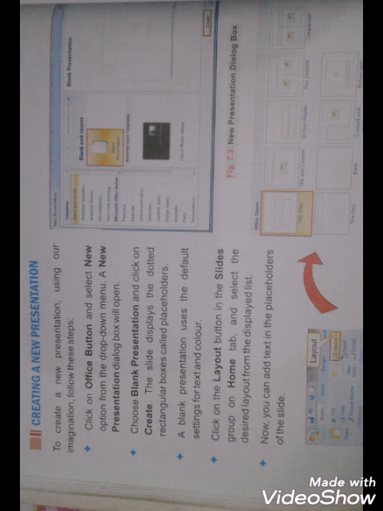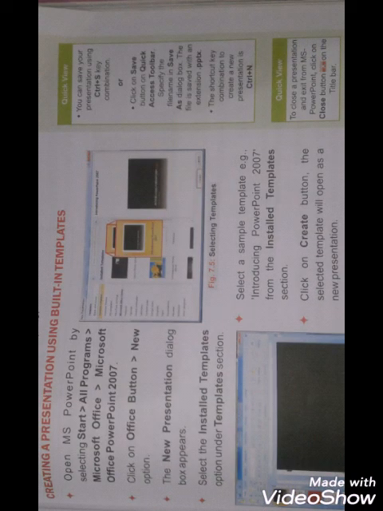Whenever you click on the Create button, by default one slide appears on your computer screen. Now here you can type the text or content which you want to be displayed for the presentation.